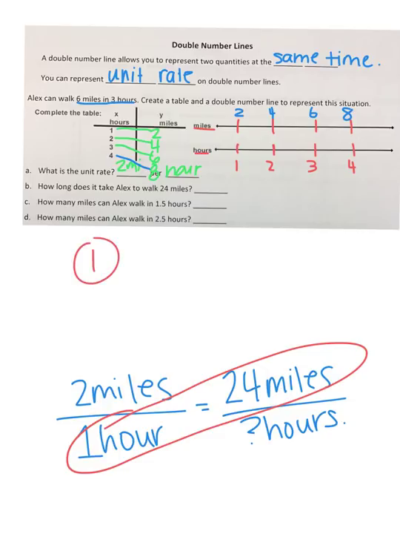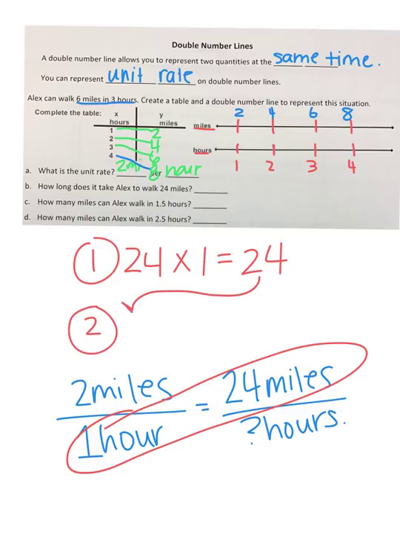So our first step is to multiply 24 times 1, which just gets us 24. And our second step is to take that 24 and divide it by our leftover number. So 2 is our leftover number, and 24 divided by 2 is 12. So for our question, it takes Alex 12 hours to walk 24 miles.